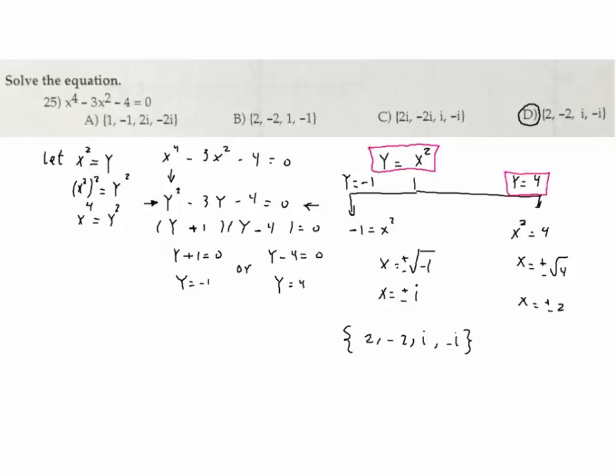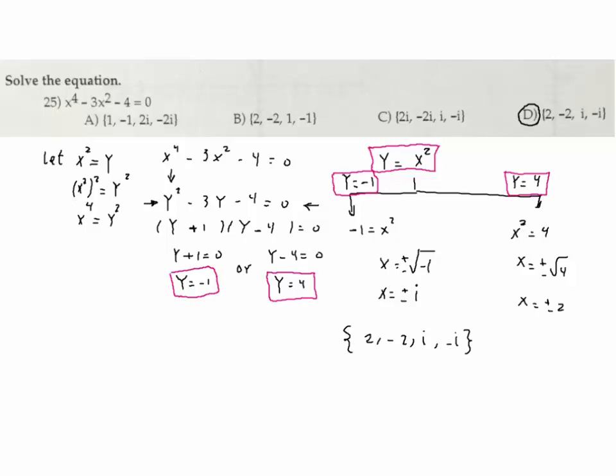Right. Because we're solving for x, not y. Once we find y is equal to these values, you have to go back and substitute for each y. We have two solutions here: y is equal to minus 1, y is equal to 4.